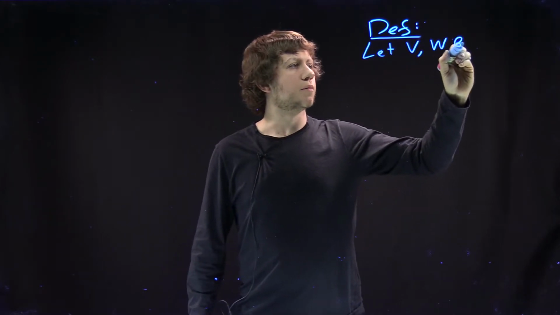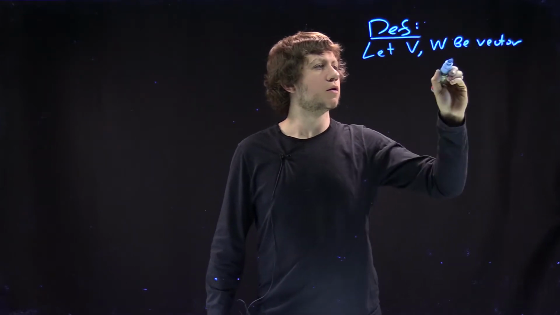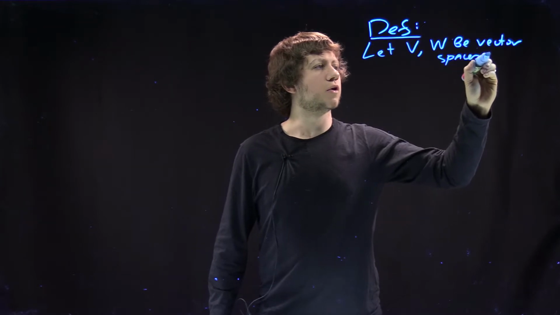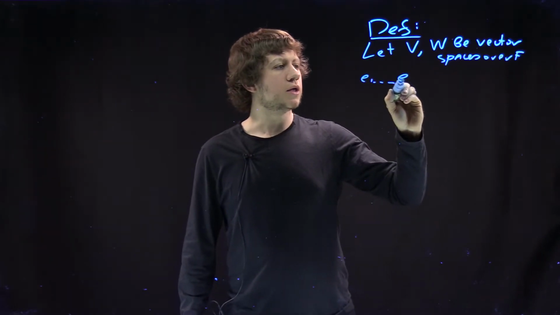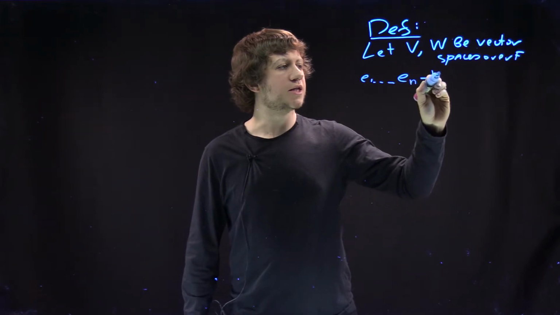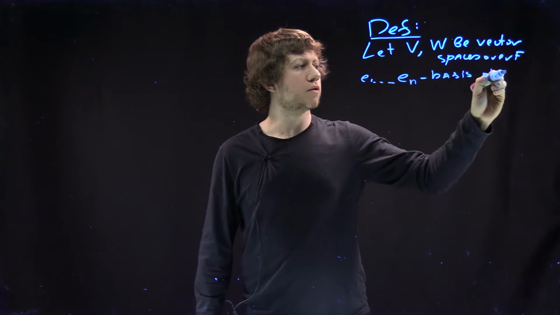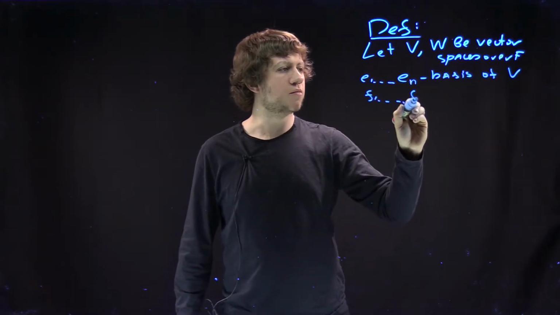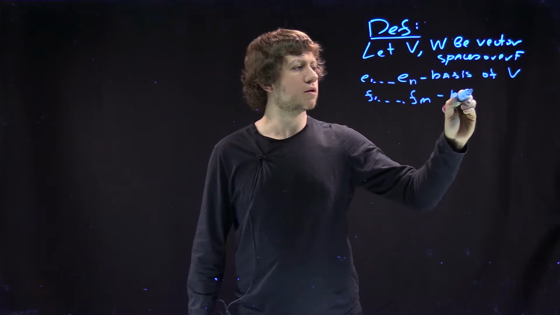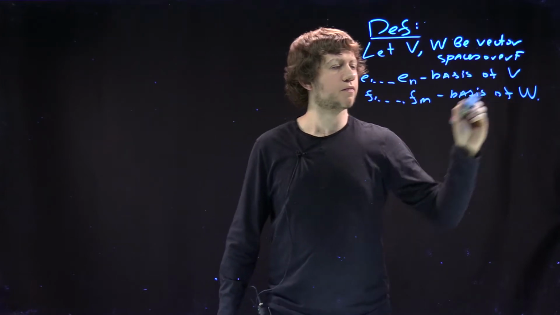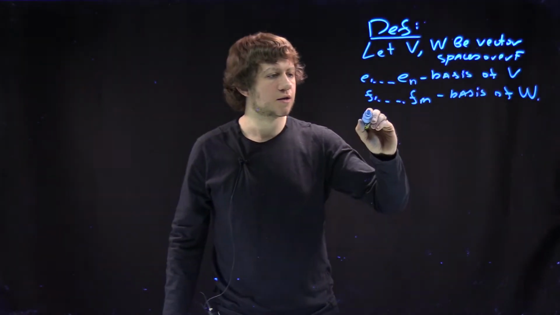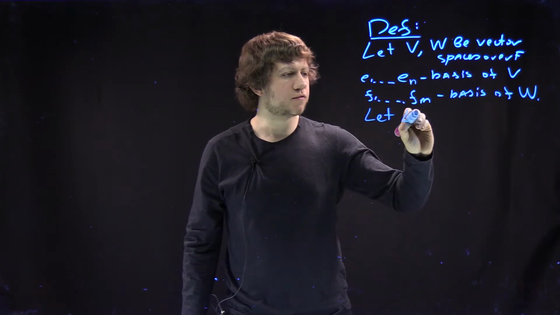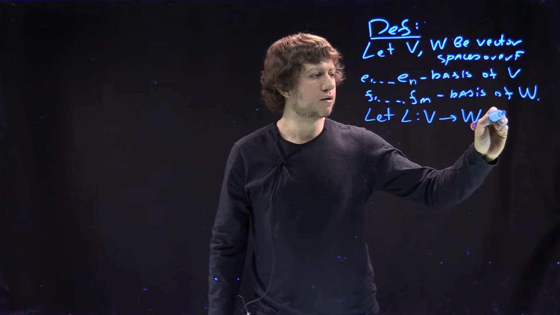Let V and W be vector spaces over F, and let e1 up to en be a basis of V, and f1 up to fm be a basis of W. So we have a pair of vector spaces of dimension n and m, and then let L from V to W be a linear map.